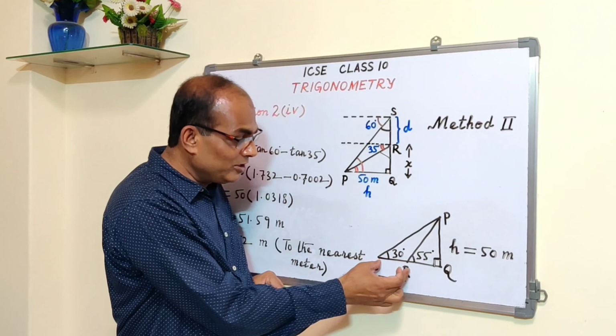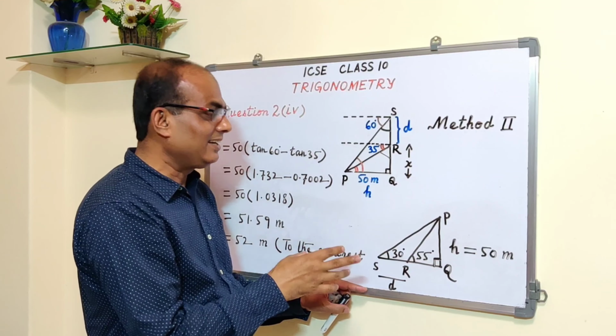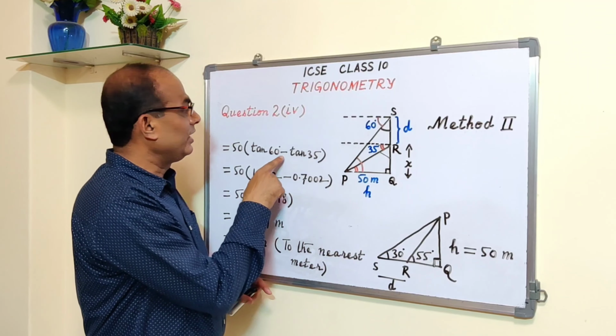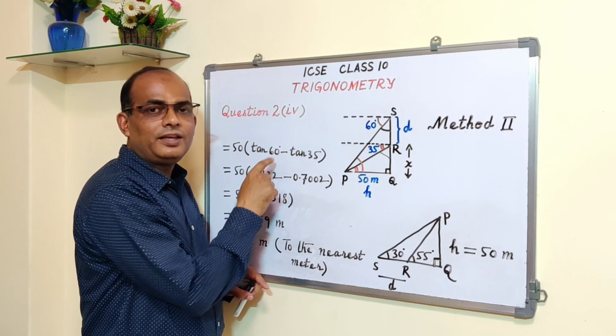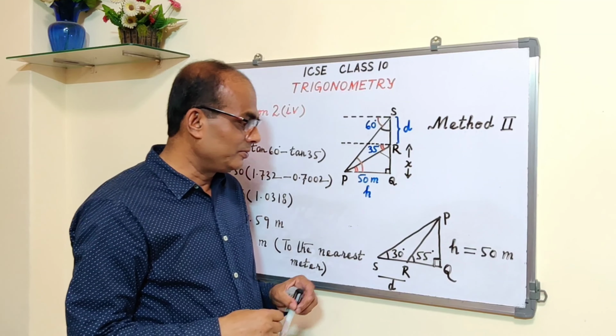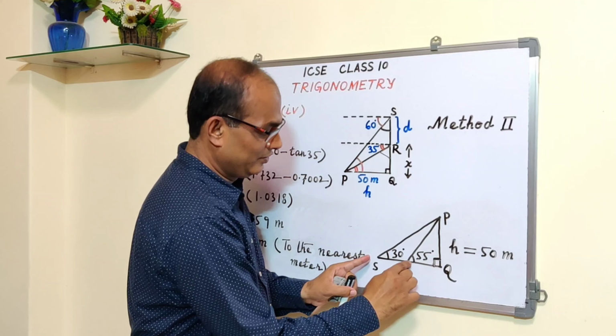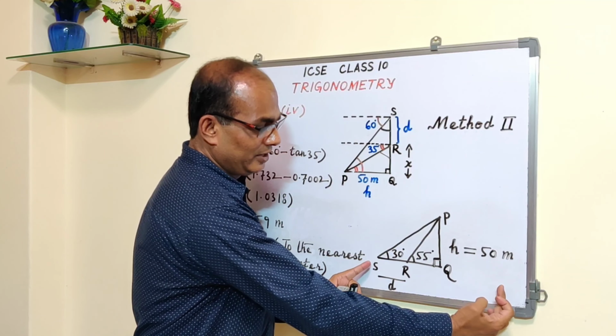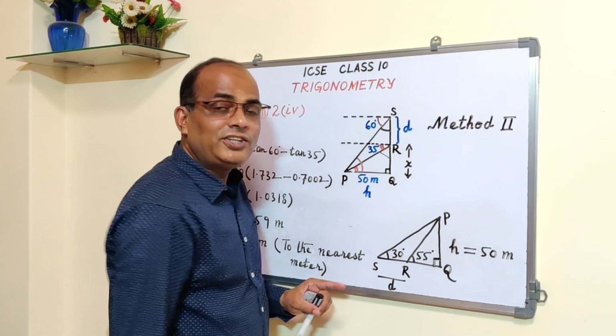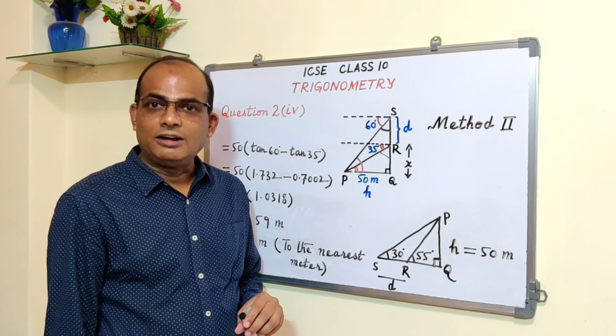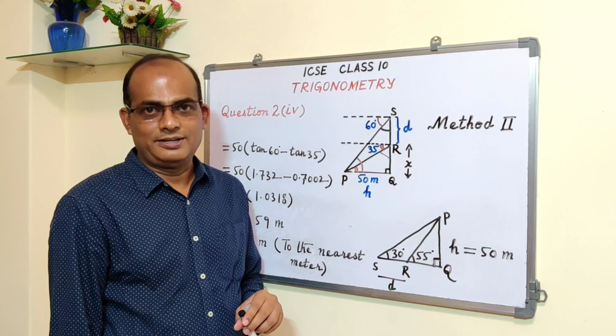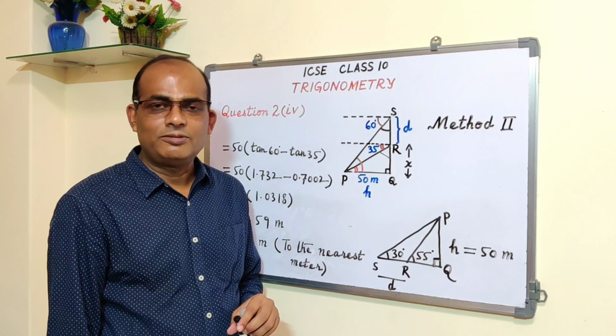If one is on this side and the other is on that side, then also we can use the shortcut formula, but in that case you write plus. So now D is equal to H times cot alpha plus cot beta.